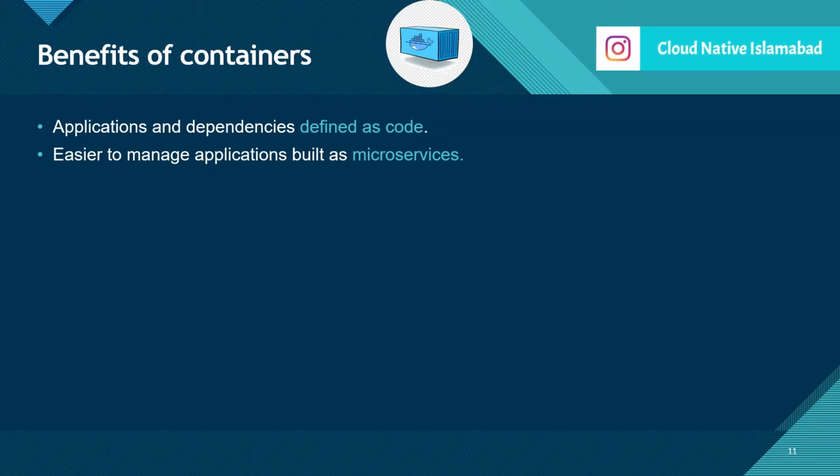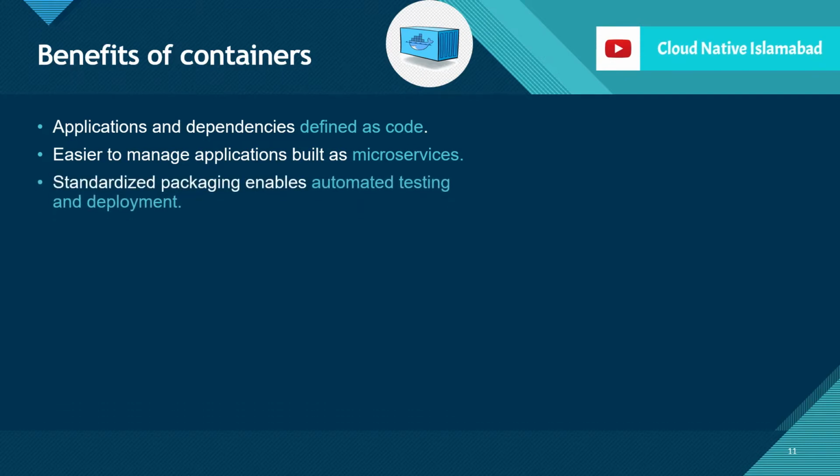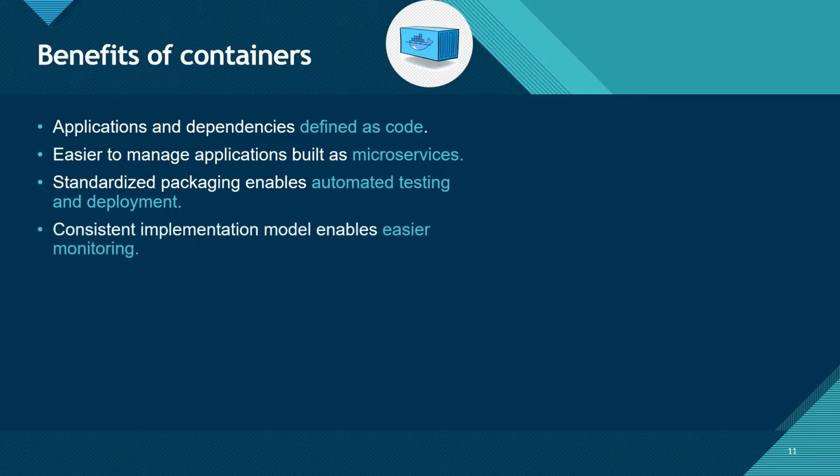One of the best advantages you can get with containers is when you're using microservices. It also helps you standardize. It enables you to automate your testing and deployment because you have a standard package to work with. And it's a consistent and reliable model that helps you achieve consistent monitoring.